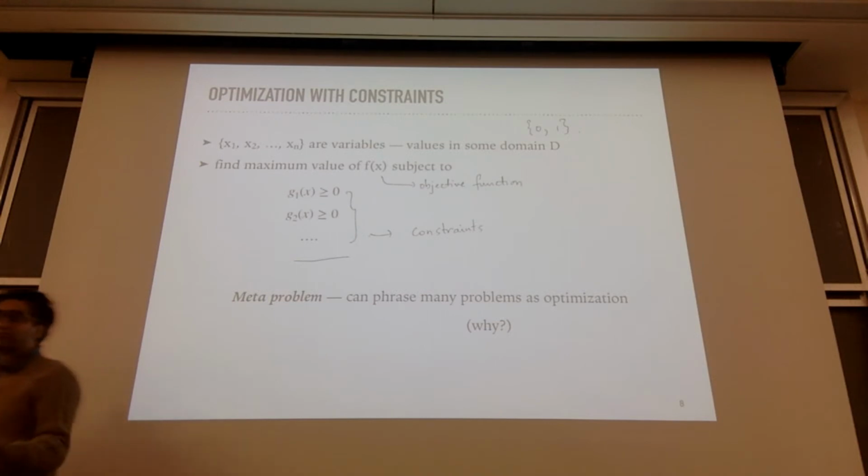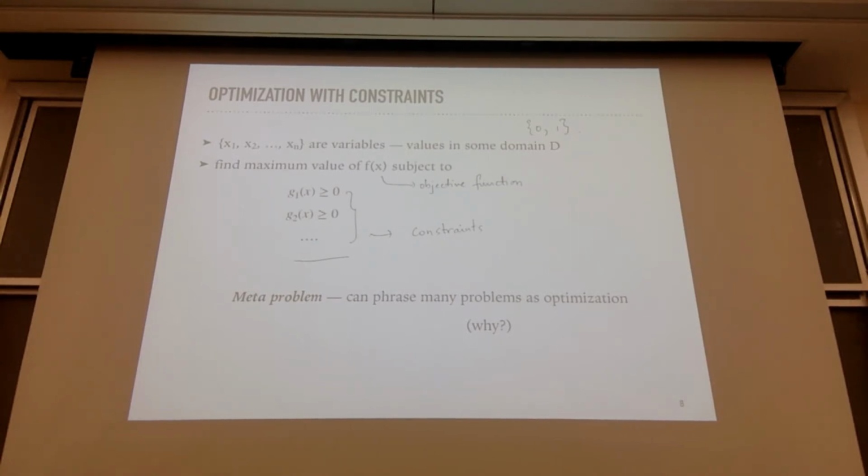Alright, so that's that. One question you should ask yourself now is why do we care so much about phrasing problems as optimization problems? Any comments? Yeah, so people have thought a lot about how to solve these kinds of formulations for various kinds of f, various kinds of domains, various kinds of constraints, and so on.